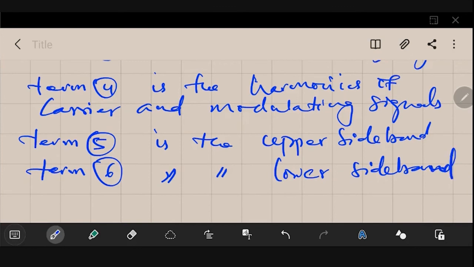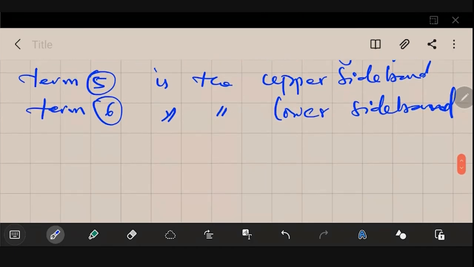Now, as I told you, we have to use the tuned circuit to allow certain frequency components and block certain frequency components. So let me write that here.